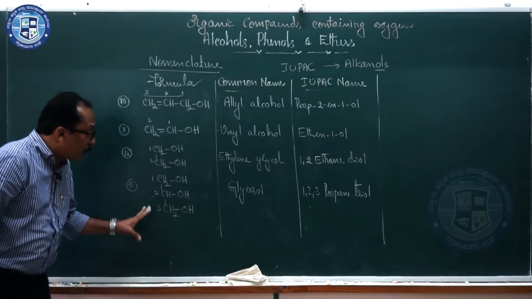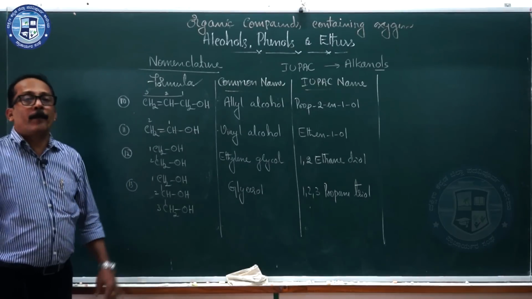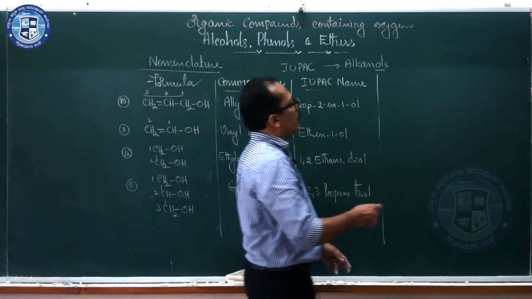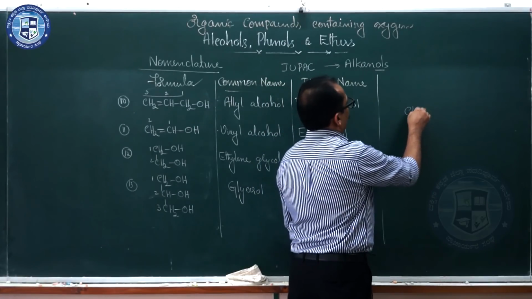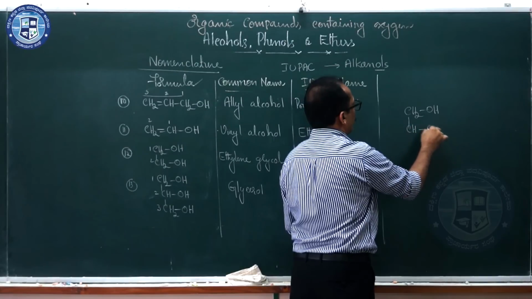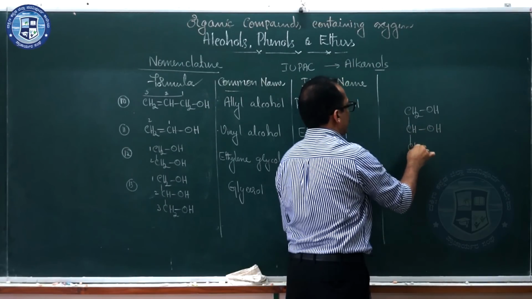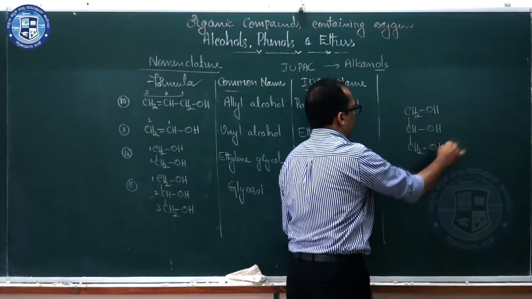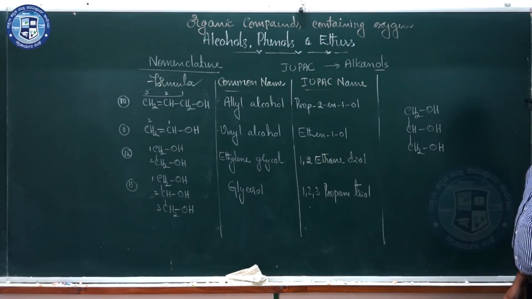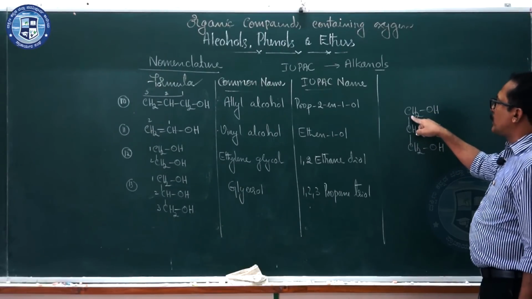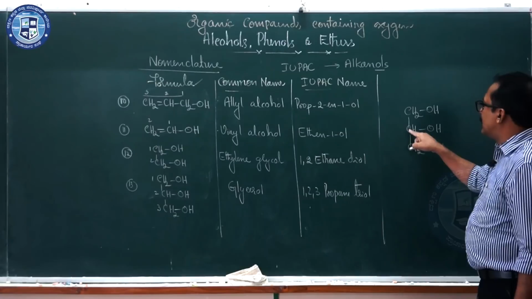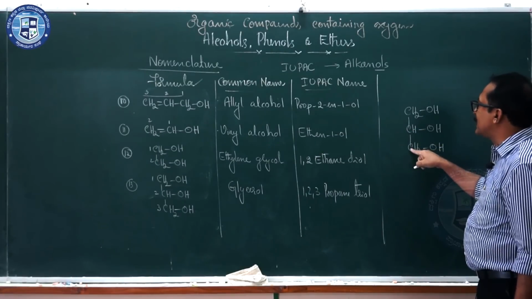This compound is asked in most competitive examinations. In competitive examinations, they frame questions like this about the nature of the hydroxyl group. Now, look here. Glycerol has three OH groups. This OH group is attached to a primary carbon atom, yes or no? This one is attached to a secondary carbon atom, and this one is primary.